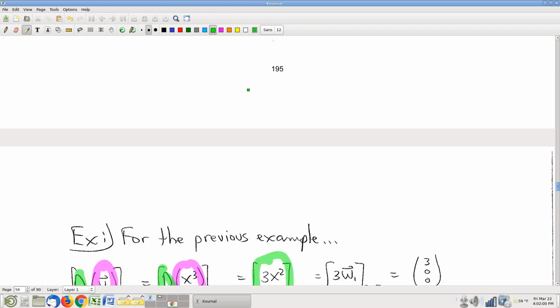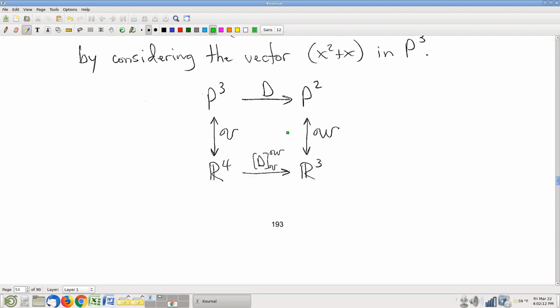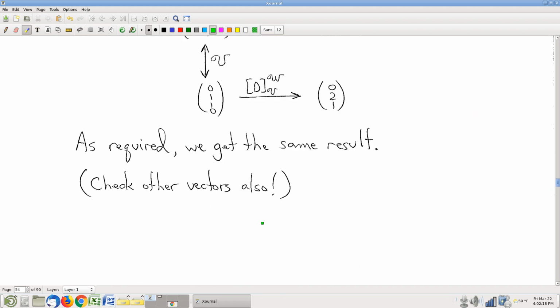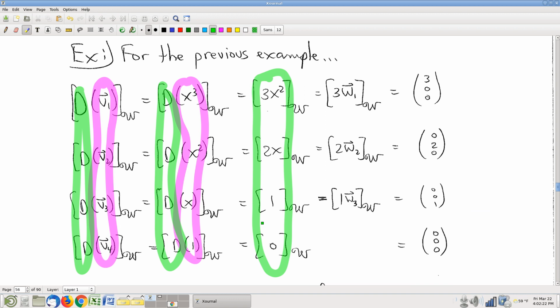Lastly, again following the formula: input basis vectors, do the linear transformation. Last step, write the coordinates with respect to that target basis, script W. Our target basis was x squared, x, and 1. Let's write those derivatives with respect to x squared, x, and 1.